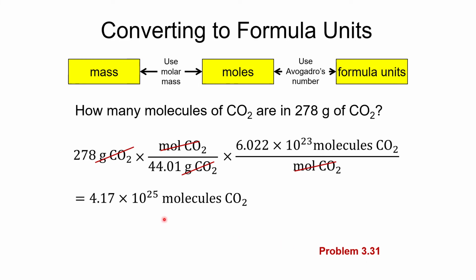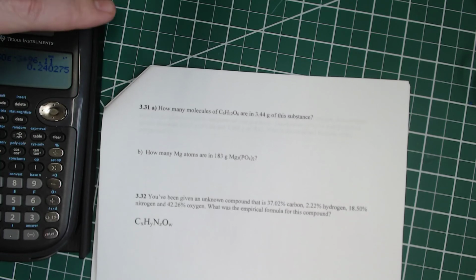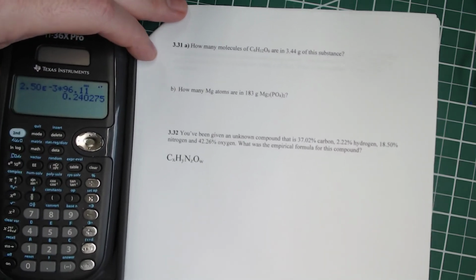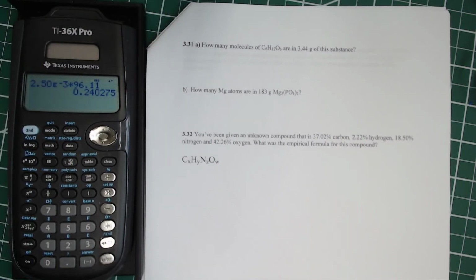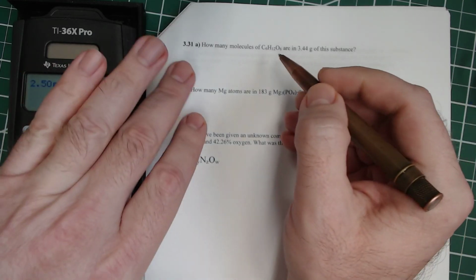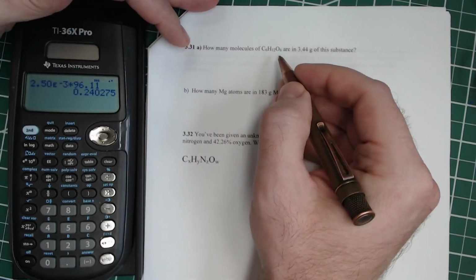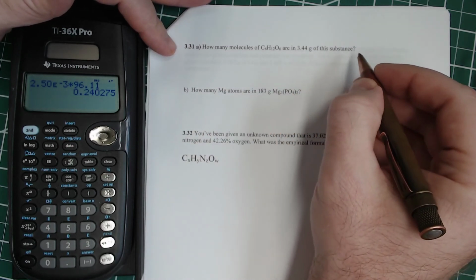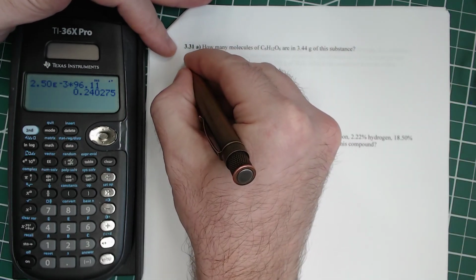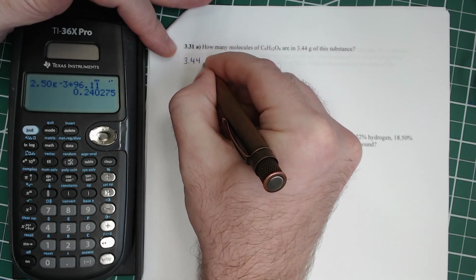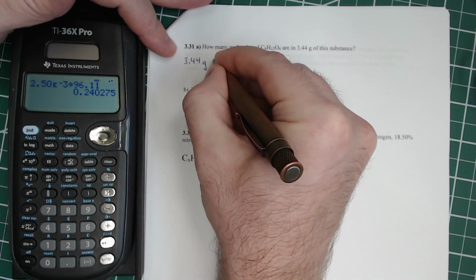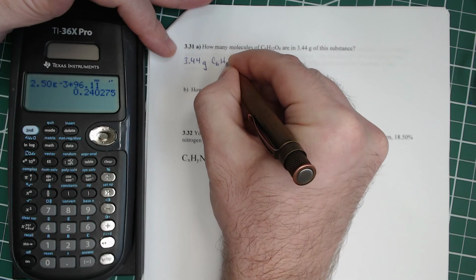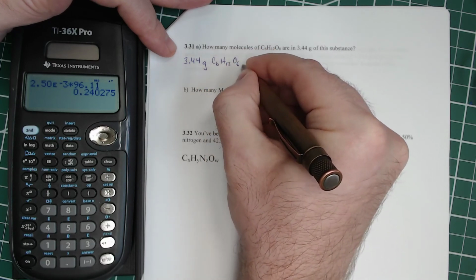All right, so easy enough. And we're going to do problem number 31. And we actually take that a step further when we do 31 here. All right, get all of that on screen. So how many molecules of C6H12O6 are in 3.44 grams of this substance? All right, so 3.44 grams of C6H12O6.